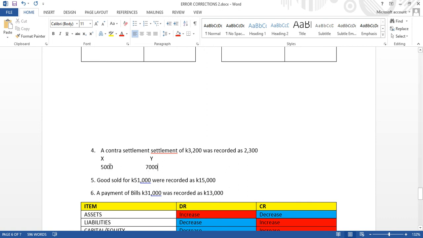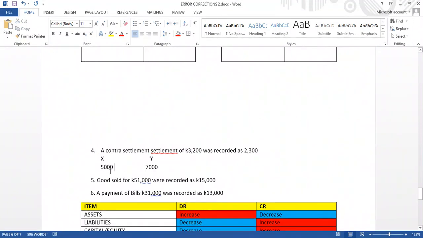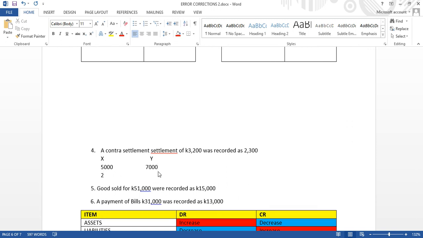Now, instead of X paying Y 5,000 and then Y giving back X 7,000, we can just erase this 5,000 from both people, so that Y is no longer owing X 7,000, you just owe 2,000, and X is no longer owing Y 5,000.